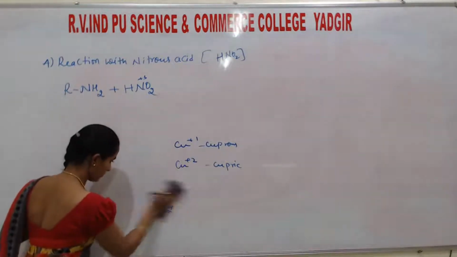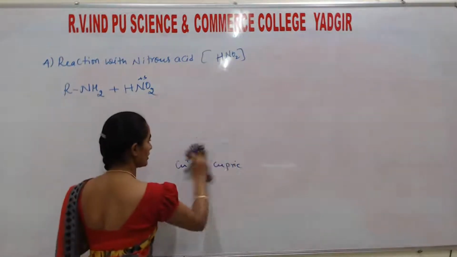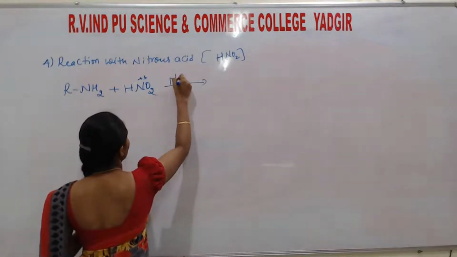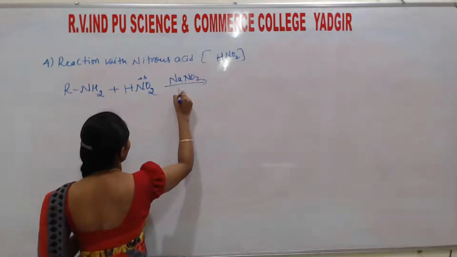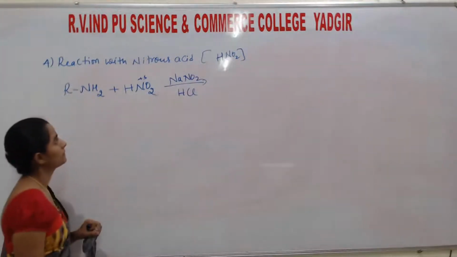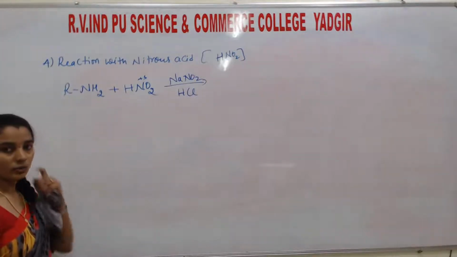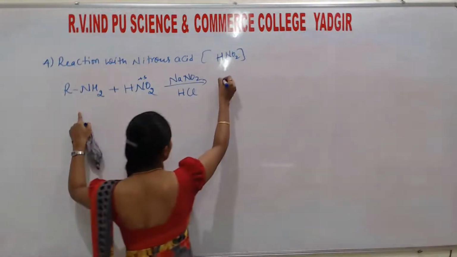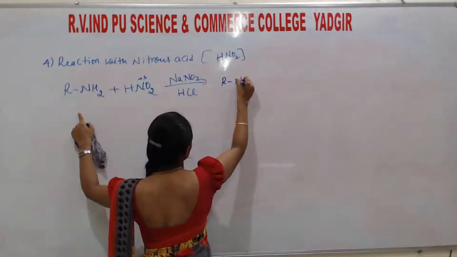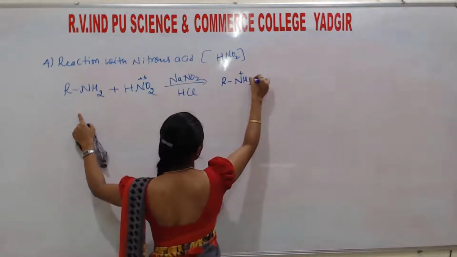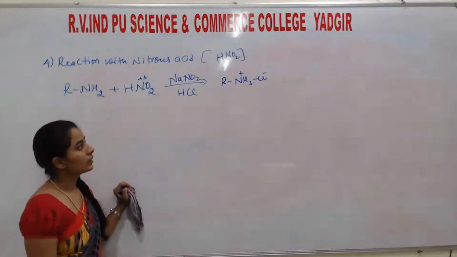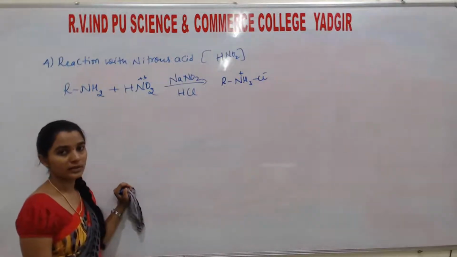So these amines react with nitrous acid in presence of NaNO2 and HCl. They form RNH3+ Cl-. What is it? Ammonium salts.